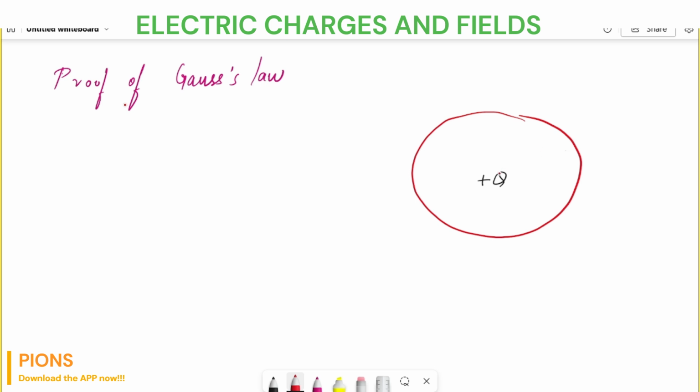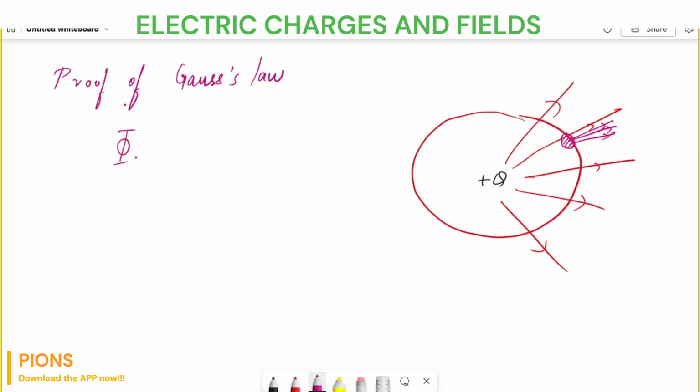So if the field lines are going radially outward like this around this charge, then we can imagine a very small area, and see how many field lines are passing through this area outward, okay. So this flux phi, we know that it is equal to E dot area, right? Let's put an integration of E dot dA, that will be the total flux coming out of this, right?